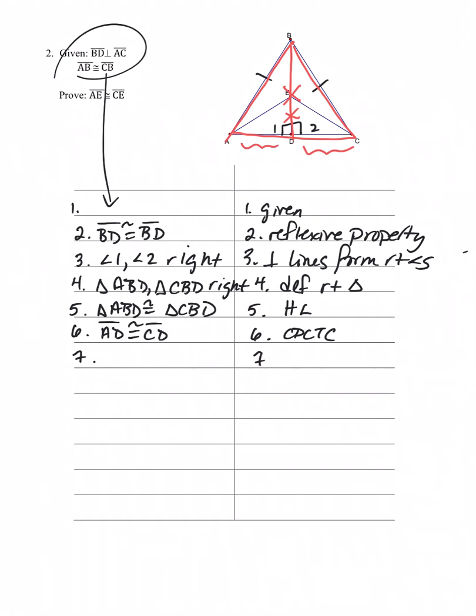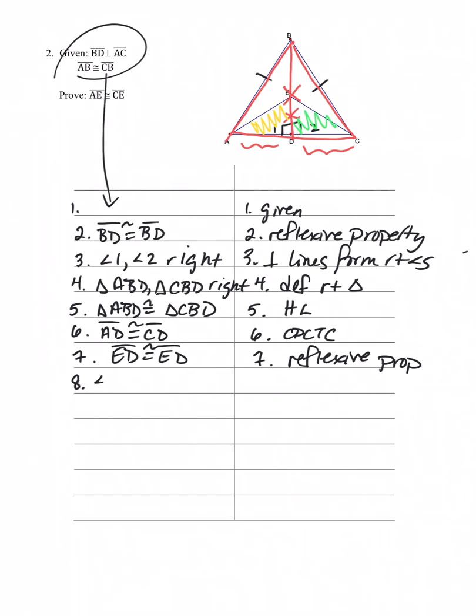Now we're going to say that ED is congruent to ED, which, by the way, we could go put up on line 2 if we felt like it. Doesn't matter. So that's, again, reflexive. Now, this is an interesting one. Before we say that this triangle is congruent to this triangle, we need to see that this is going to be a side angle side. So we need to put that the right angles are congruent.